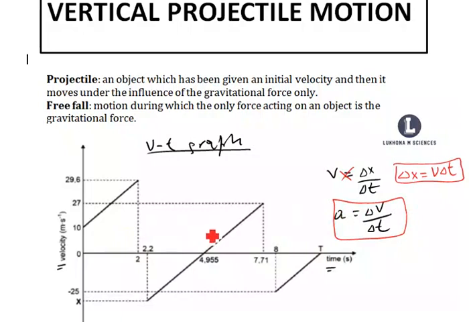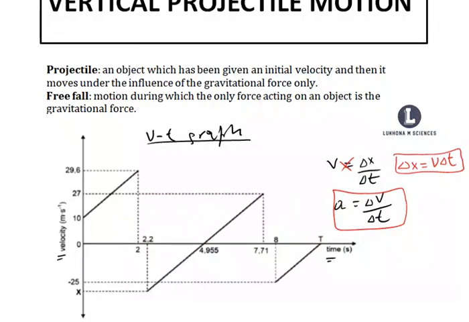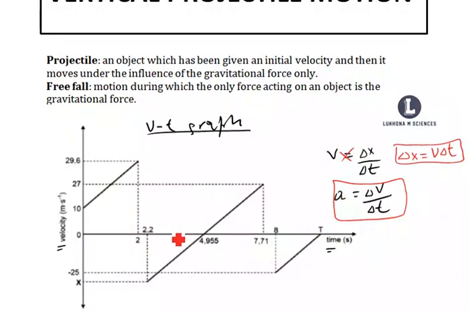Now the first thing you need to know is that we have some areas here. You see this area between the x-axis and the graph? This is a triangle. This is another triangle between the graph and x-axis.